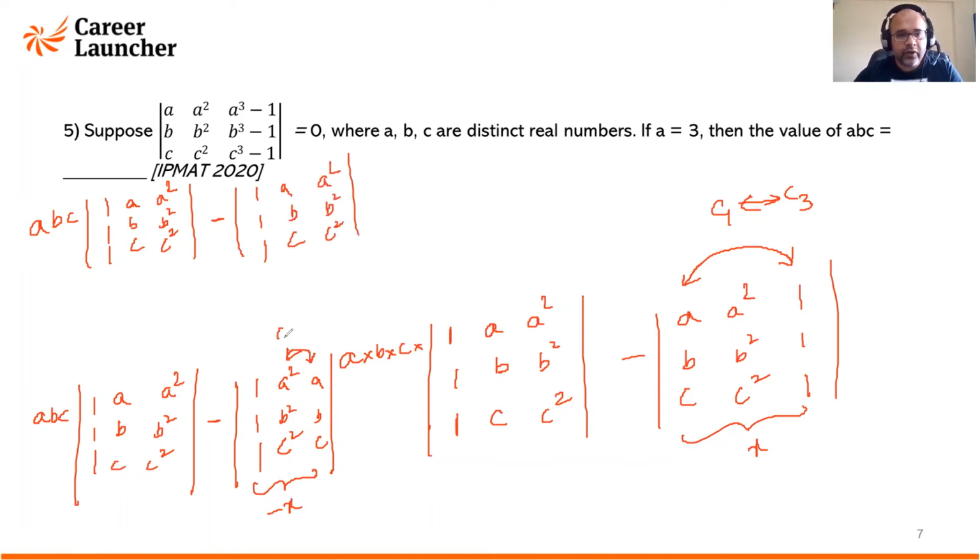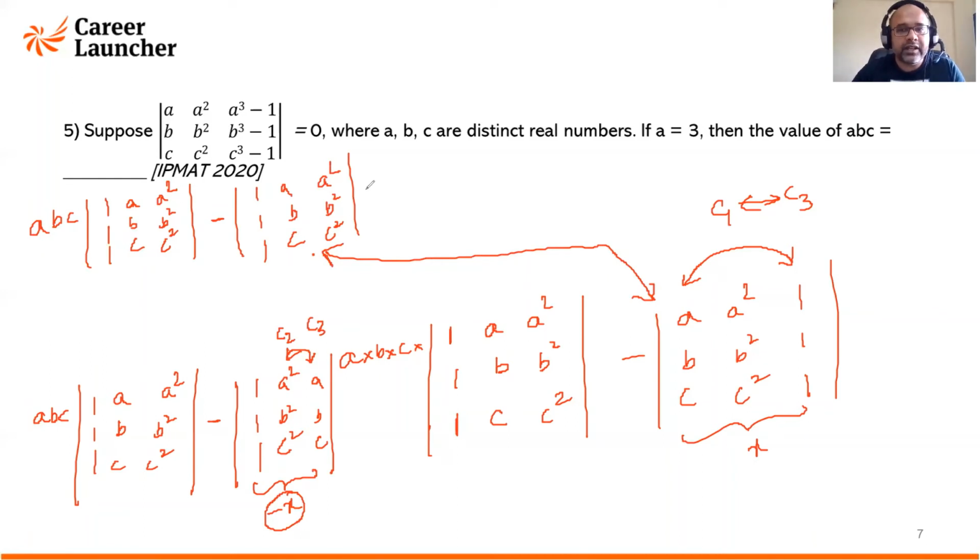Now, because of column 2 and column 3 interchanging, I multiply one more negative. So I get back negative of negative x, which will become x itself. So these two are exactly the same determinants. It did not change. They are both the same determinants.